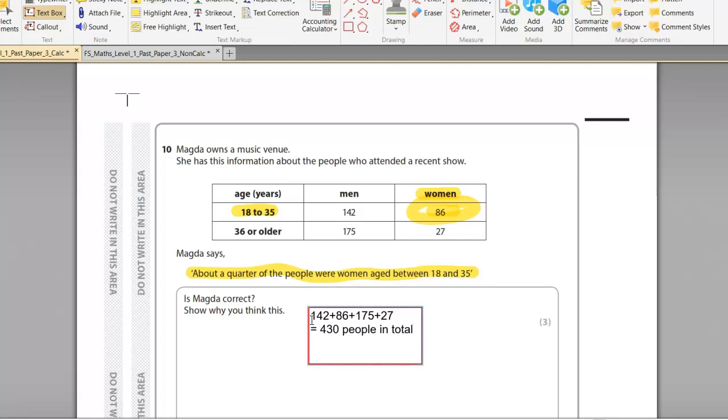And 86 out of the 430 people were women aged 18 to 35. So we could either say 86 out of, in other words, divided by 430.